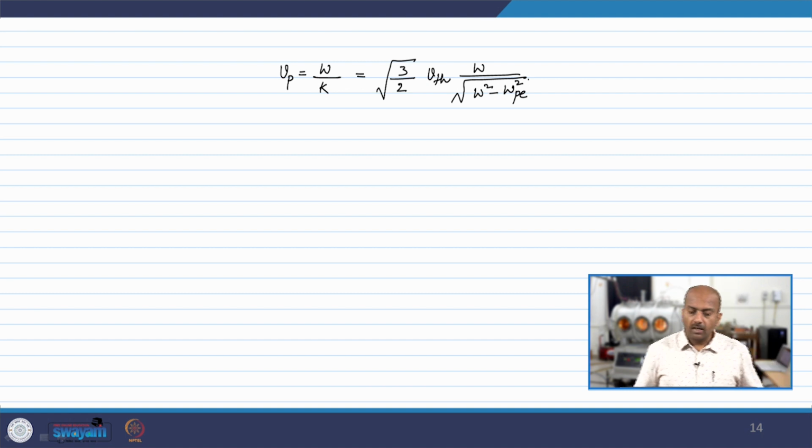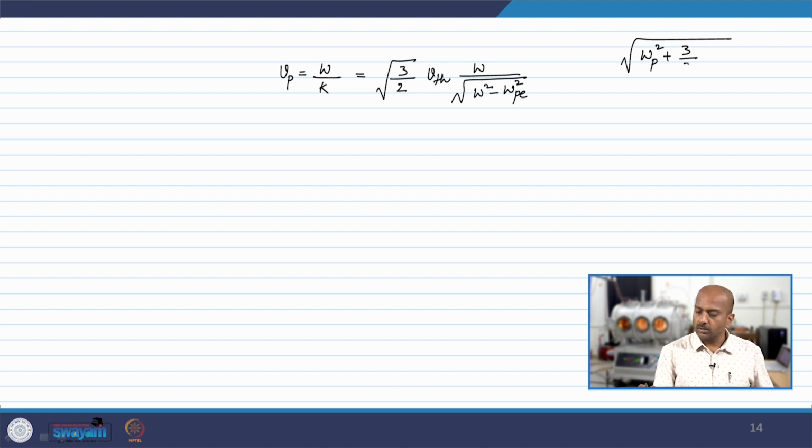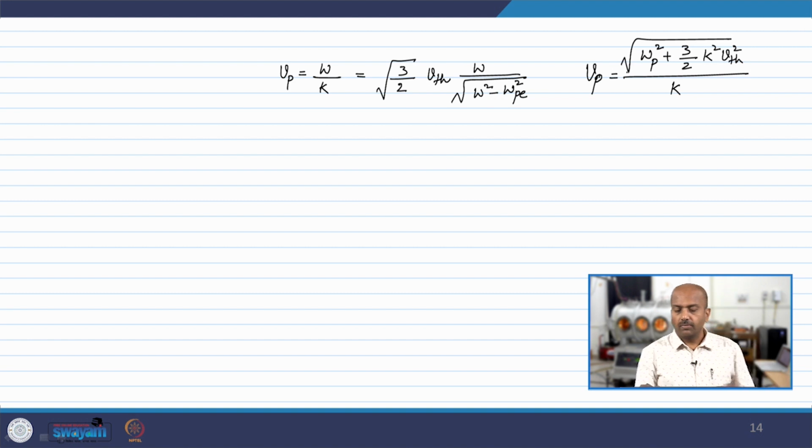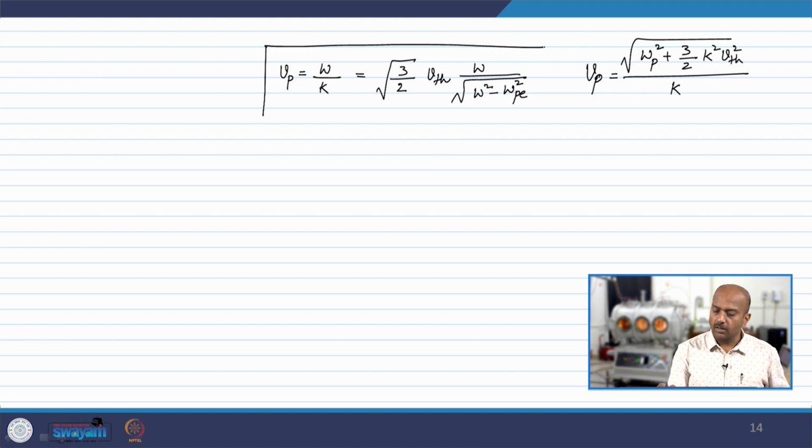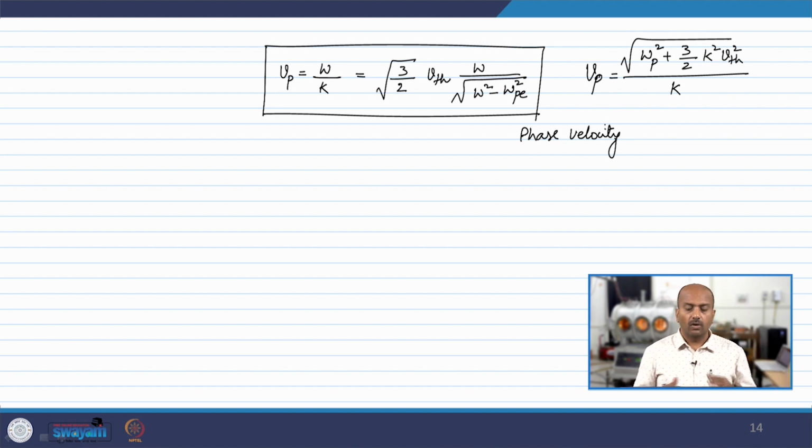So, it is basically omega, the square root of omega p square plus 3 by 2 k square Vth square, divided by k. This is your Vp. I have rearranged the terms so that Vp can be written like this. What is this? This is the phase velocity.